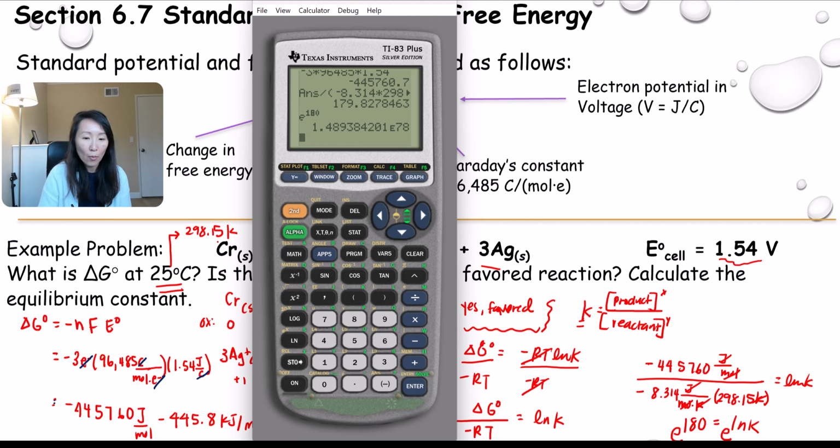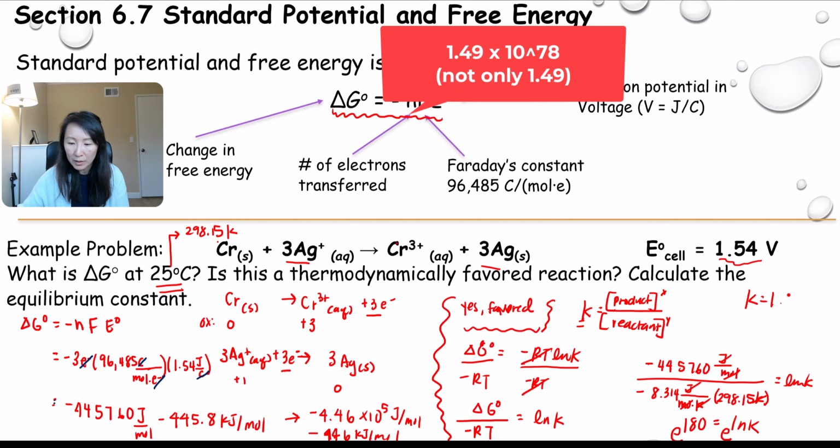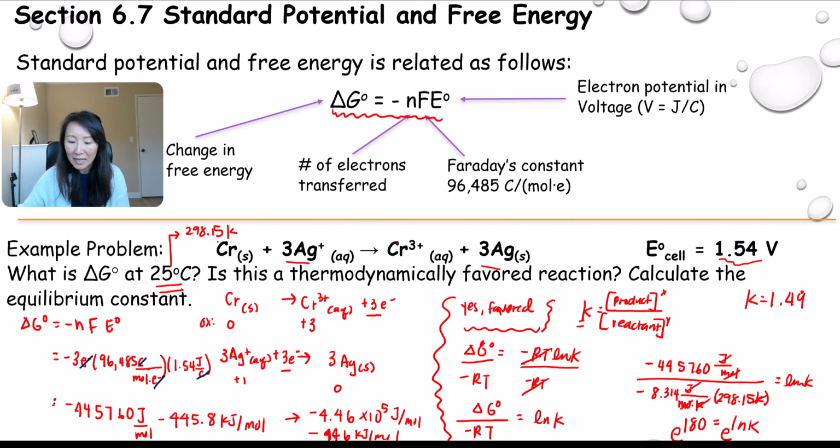So this is about 1.49. So K is equal to 1.49. This is your equilibrium constant, and not 180. 180 is the ln of K, but you want to get rid of that ln, so you put 180 with the power of E, and therefore K is equal to 1.49.